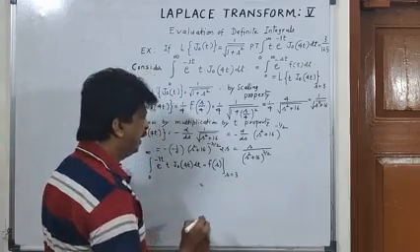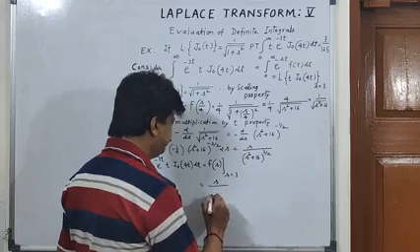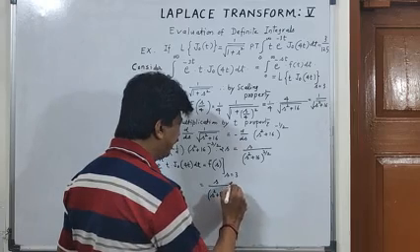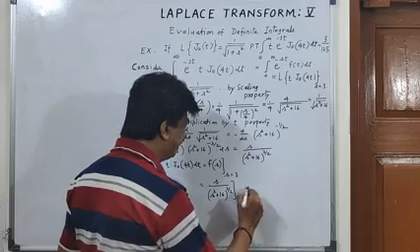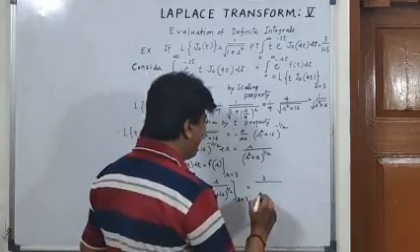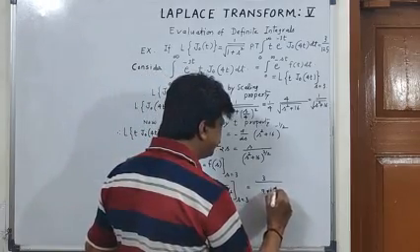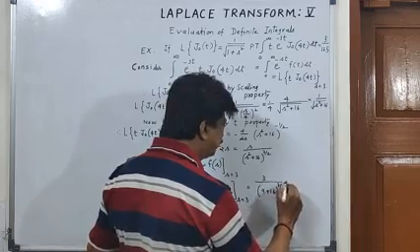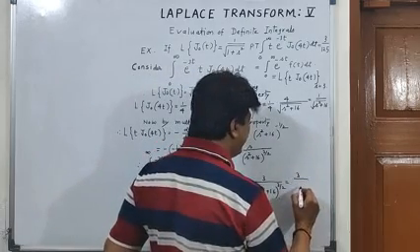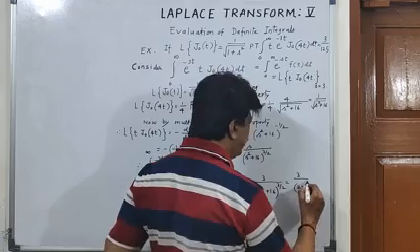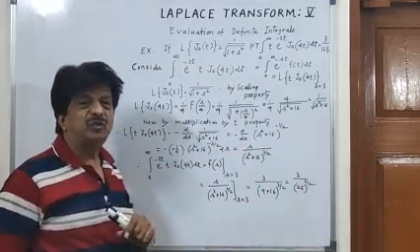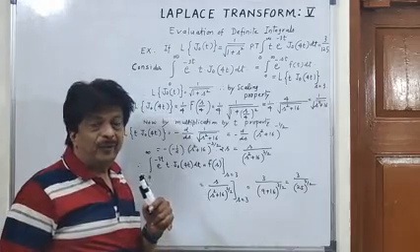So s upon (s square plus 16) raised to power 3 by 2 at s equal to 3 is 3 upon (9 plus 16) raised to power 3 by 2, which is 3 upon 25 raised to power 3 by 2. 25 raised to power 1 by 2 is 5 and 5 cube is 125.